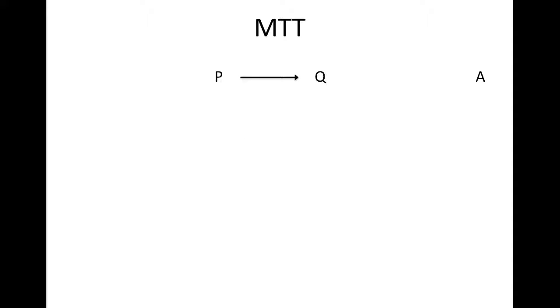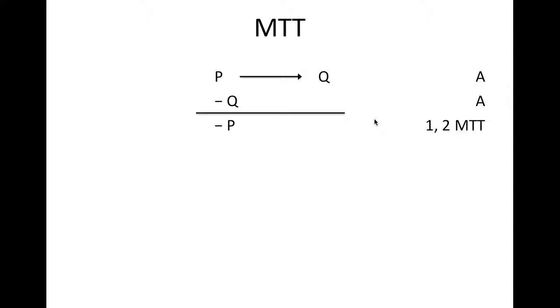So firstly, if we take the conditional statement here, if P is true, then Q is true. So that's an assumption we've made. The little a on the right hand side is just our assumptions column. And if we know the negation of Q, if we've assumed that, then by using MTT we can derive the negation of P. So in the assumption column we've used assumptions 1 and 2 and the MTT rule.